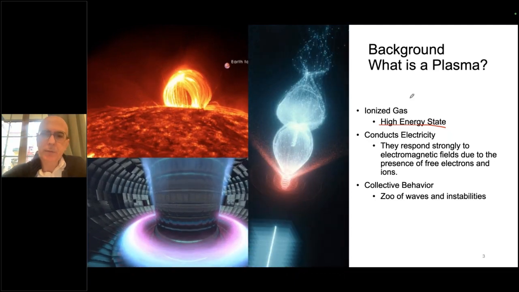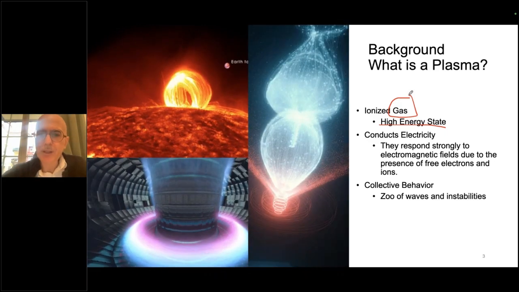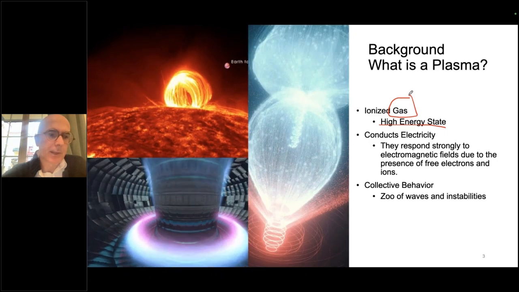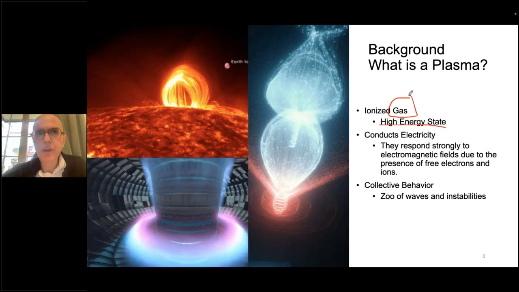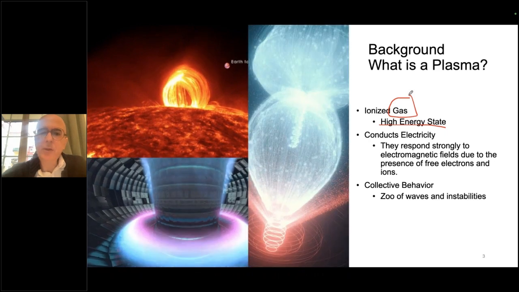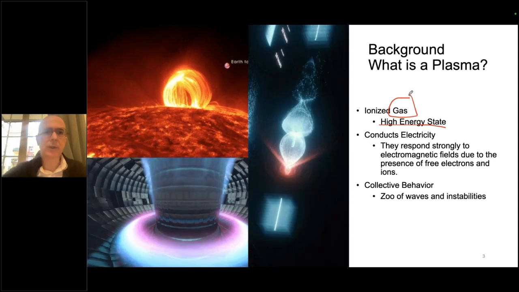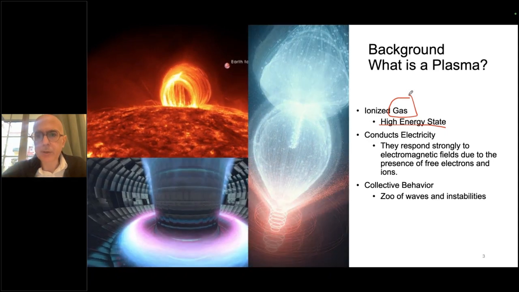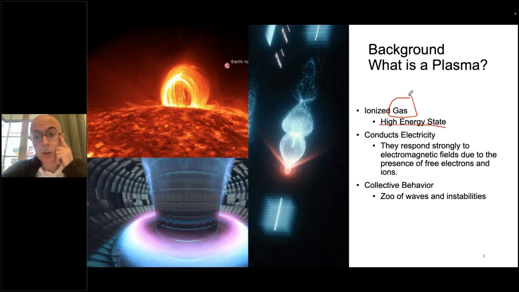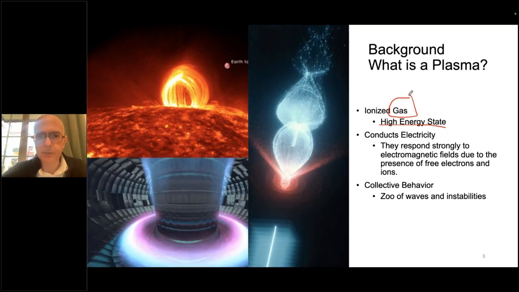Differently from gas, plasmas are capable of supporting collective behavior. What does it mean? It means that the plasma, because of its nature and its coupling with the electromagnetic field, is capable of supporting a wide range of waves that can propagate from local to global, affecting the whole system. It is also characterized by a large number of instabilities that convert, for instance, magnetic field energy into kinetic energy, and vice versa.